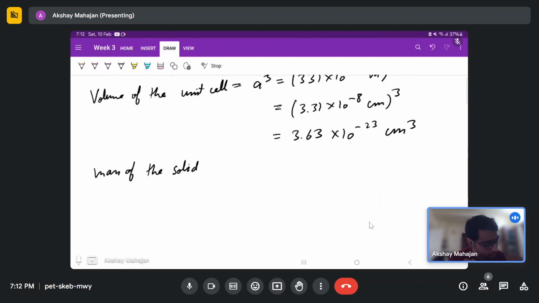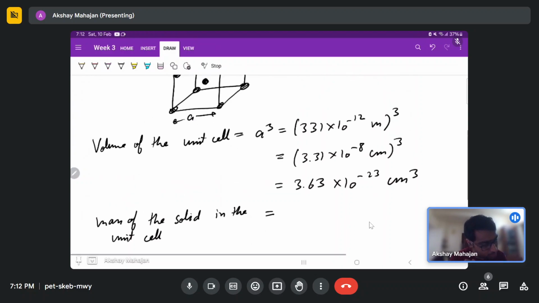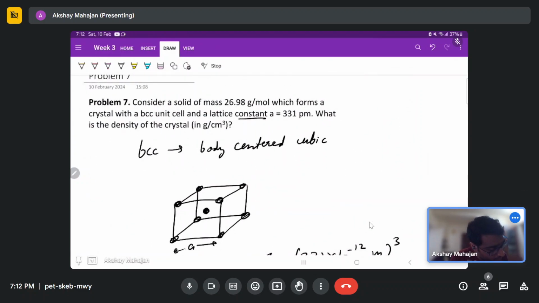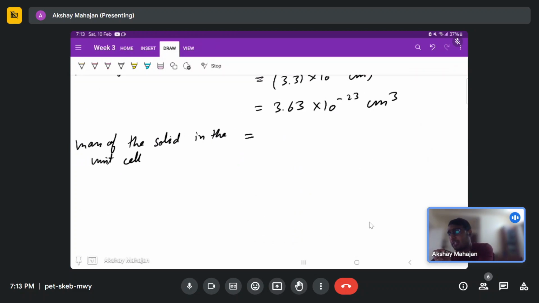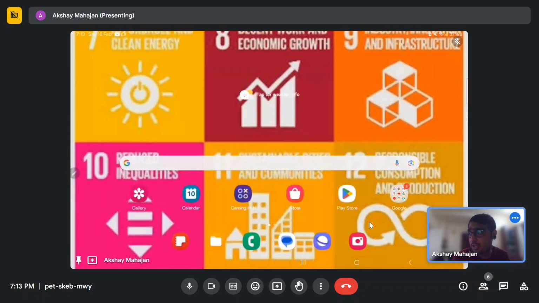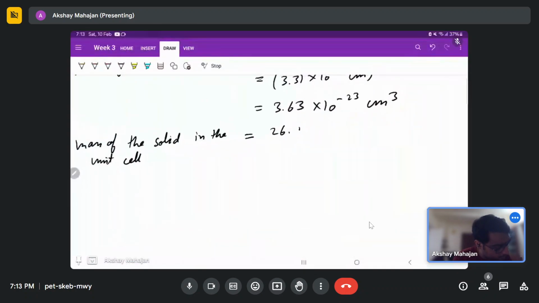So the mass of the solid in the unit cell. We are given that the mass of the solid is 26.98 gram per mole. So it will be 26.98 gram per mole divided by 6.023 into 10 to the power 23, which is the Avogadro number, atoms per mole.